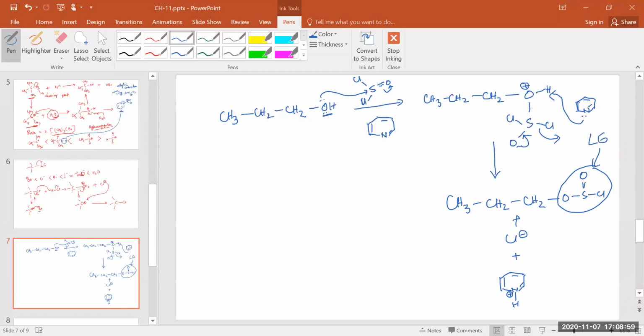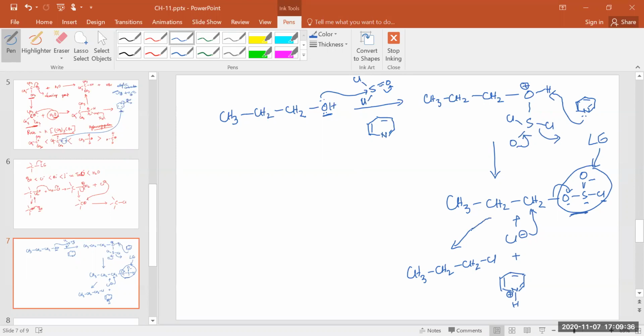What is the characteristic of a leaving group? It has many electronegative atoms. Here oxygen is electronegative, sulfur is electronegative, chlorine is electronegative. So it will leave, the reaction will take place, and the product will be CH3CH2CH2Cl. This is an example of a leaving group.